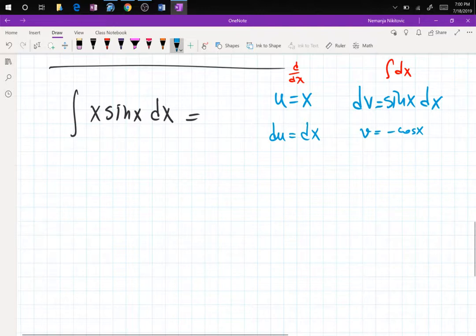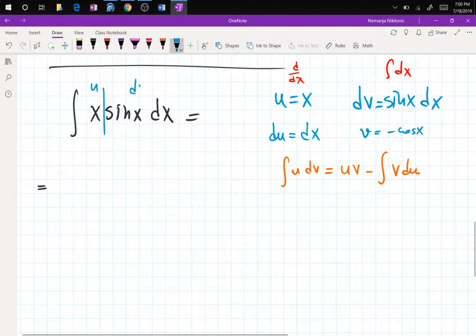So now we have all of the pieces that we need for our formula. Let me write the formula again in orange over here. It says the integral of u dv is equal to uv minus the integral of v du. So when I put this together, this is my u, this is my dv.